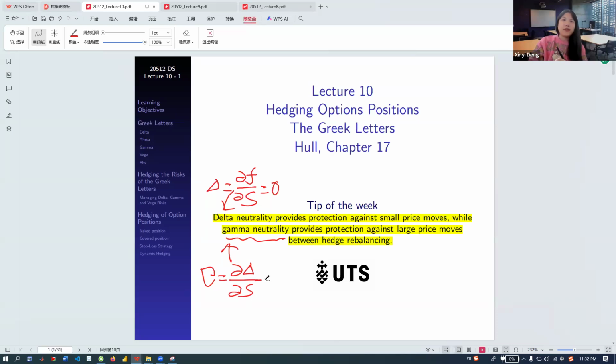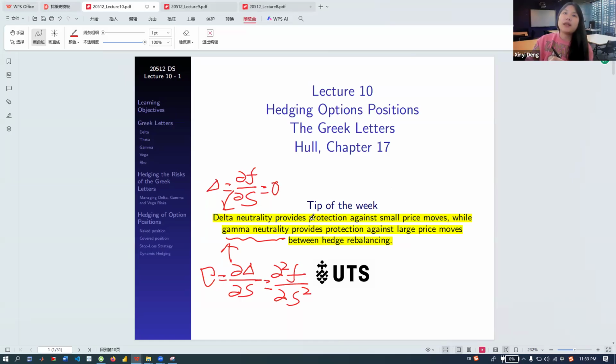If you expand further, you'll find that this is nothing more than the second order derivative of F with respect to S. It's the rate of change of delta with respect to underlying price S. So the tip of the week is saying that delta neutrality provides protection against small price movements, while gamma neutrality provides protection against large price movements between hedge rebalancing.